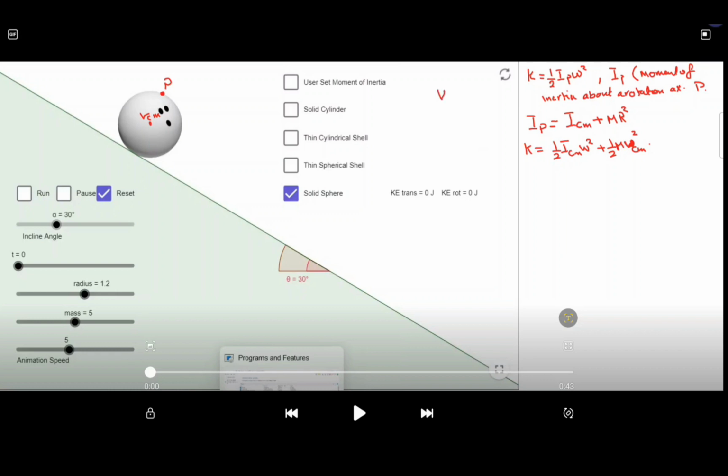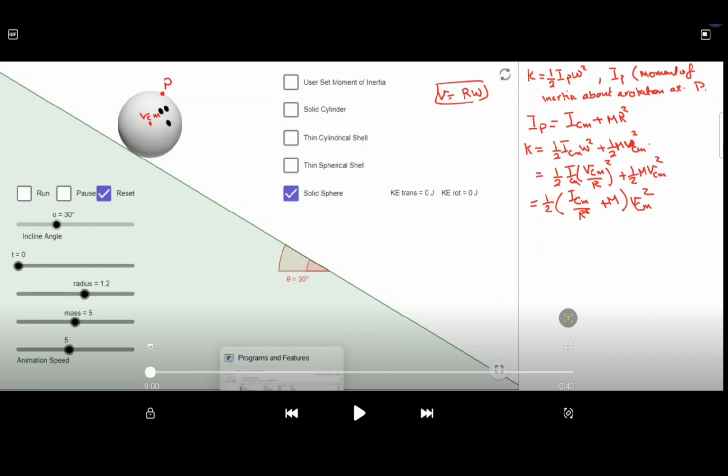Don't forget, V equal to R omega. You substitute this, you will find half I center of mass over R square plus half m V center of mass square.